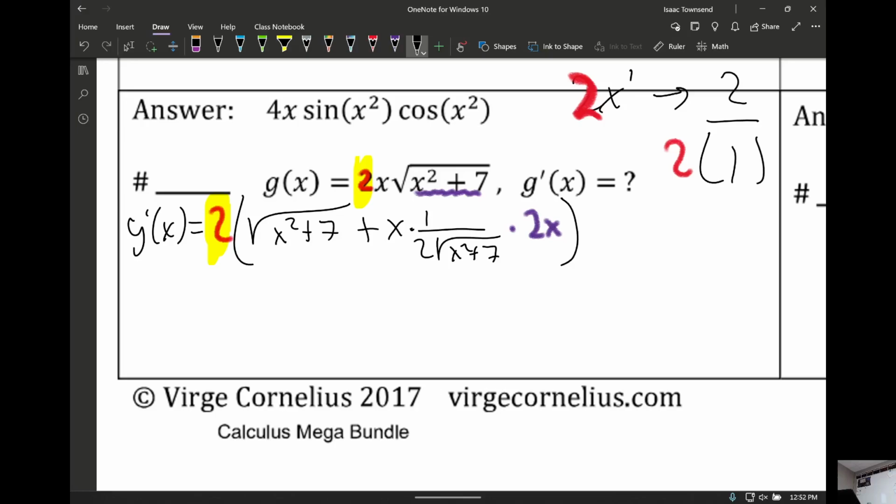Then the first thing would be bring the power down, lower the power by 1, but the inside is all of this stuff. The derivative of sine something is cosine something. And now, this was the inside, so times another 2x. You have to use chain rule twice. But if you don't think of your trig function written like this, you're not going to realize that all of that is your inside function. So you're not going to get the correct first chain rule.